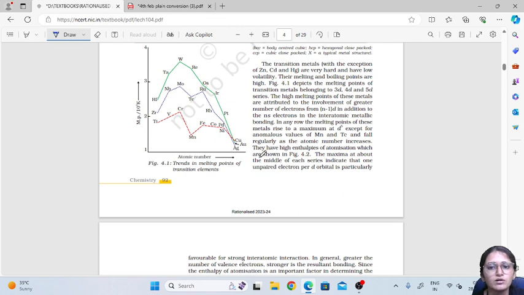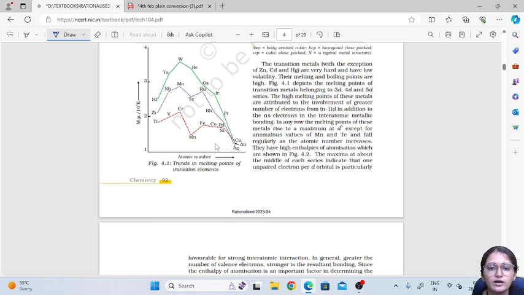The reason here is that in any row, this metal has the d5 configuration. So chromium has all the d orbitals half filled, so d5 configuration. Then if you go to manganese, chromium has a higher melting point, and manganese is a little lower. At manganese the melting point decreases.